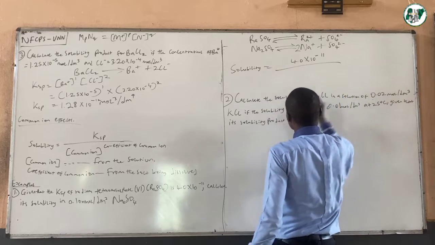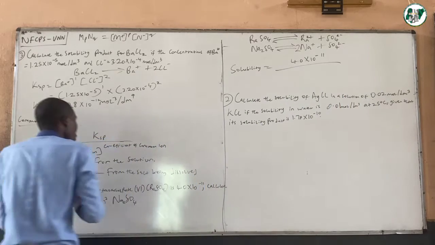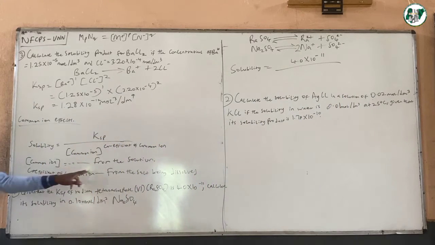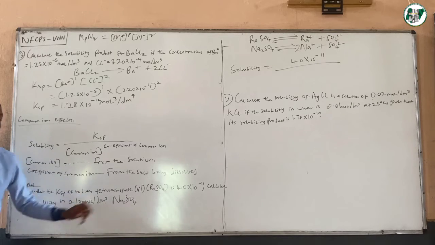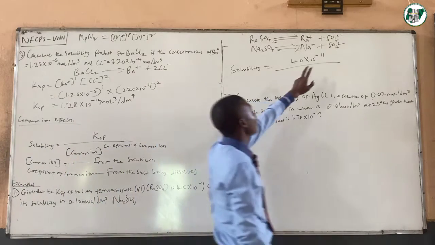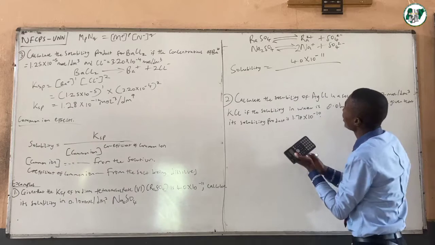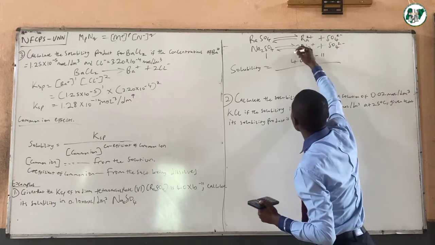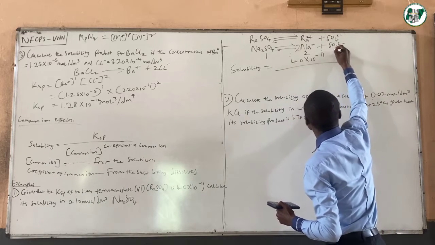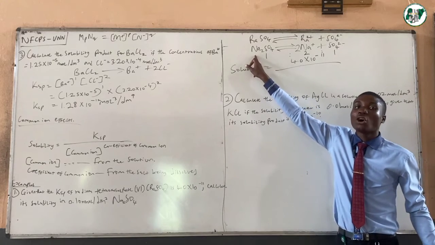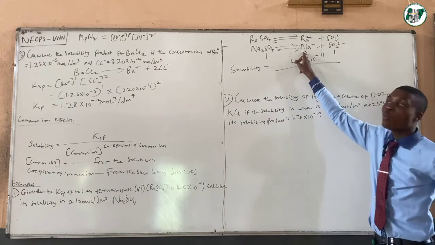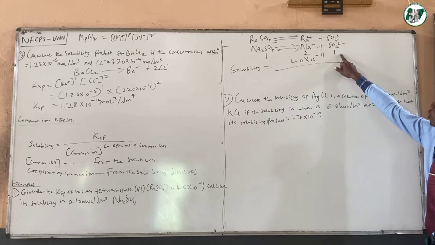Then the next thing you have to do is to find the concentration of the common ion from the solution. The solution we're talking about here is sodium sulfate solution, and the common ion here is sulfate, and this is a 1:2:1 reaction. So for every 1 mole of sodium tetraoxosulfate(VI), you have 2 moles of sodium ion and 1 mole of sulfate ion.